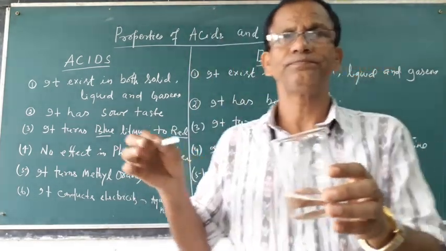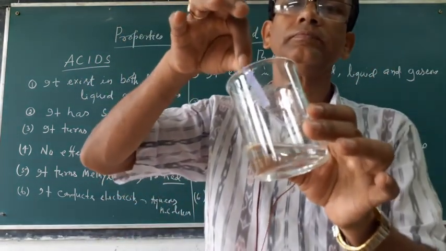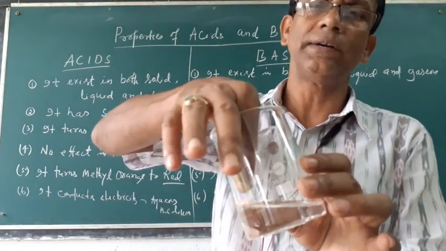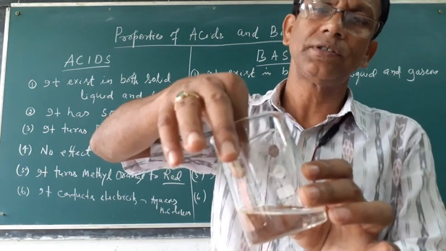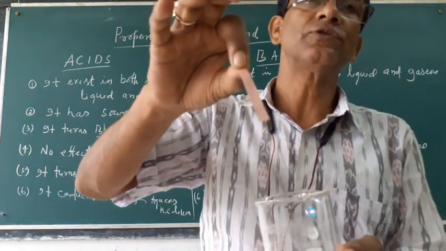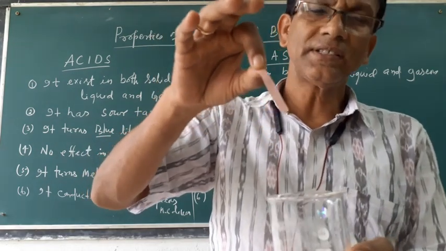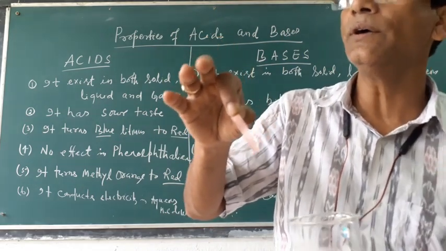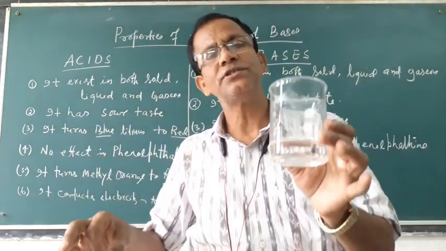You see, I have just dipped this litmus paper in the acid solution. Now it changes to red. That means it changes blue to red. This is a very important identification of an acid solution.